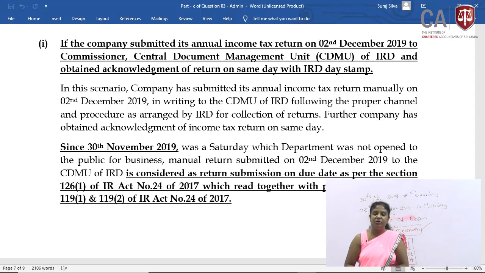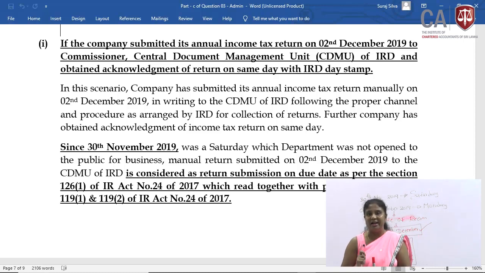In this scenario, the company has submitted its annual income tax return manually on 2nd December 2019 in writing to the CDMU of IRD following the proper channel.